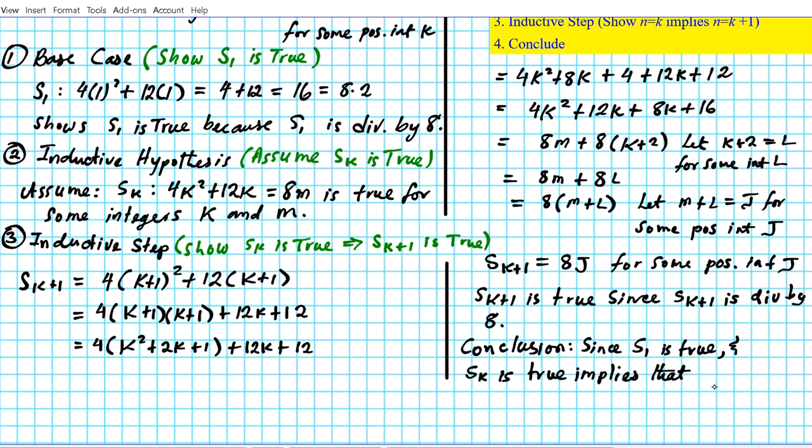Basically, the inductive hypothesis implies that the inductive step is true. S sub k plus 1 is also true for some positive integer k.